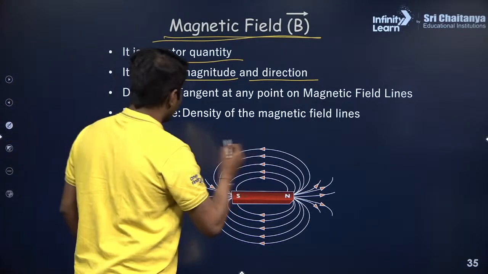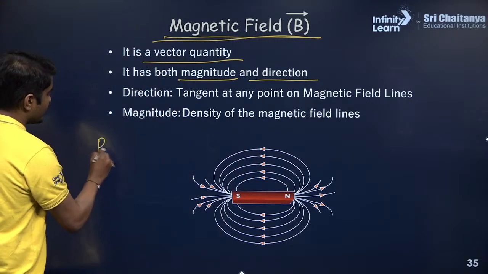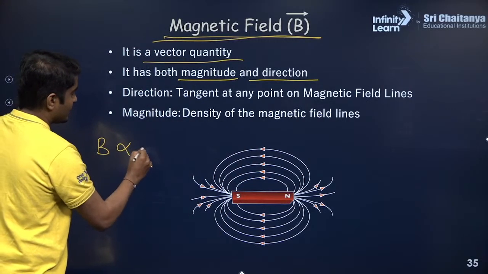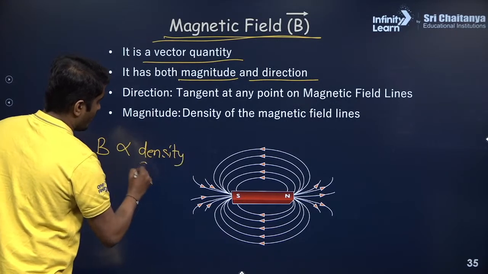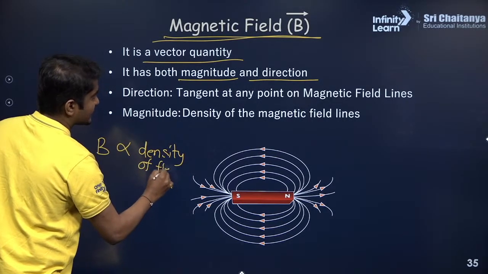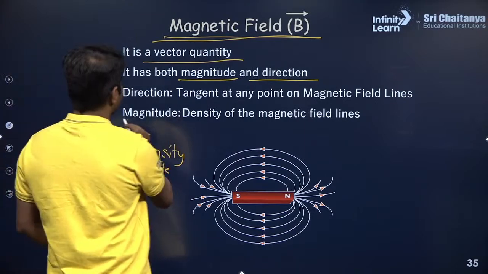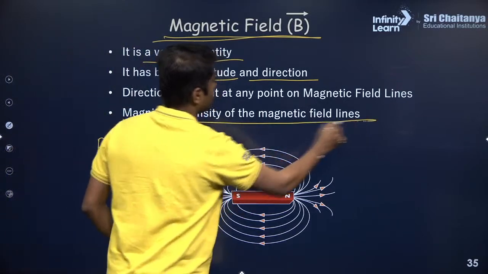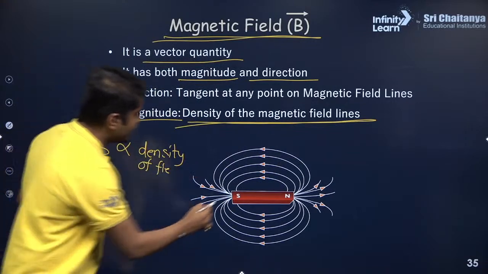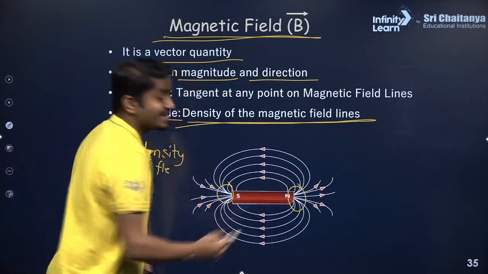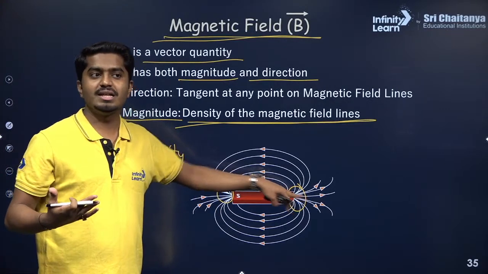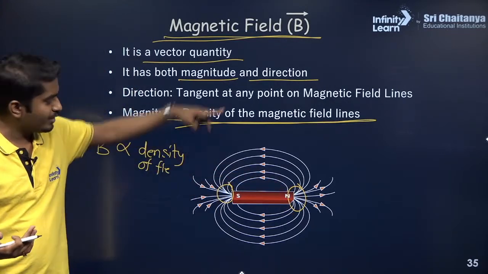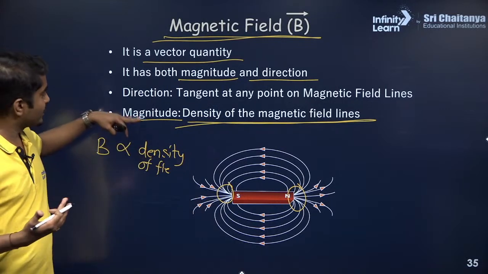Magnetic field strength is proportional to the density of field lines. Magnitude is the density of the field lines. So near the poles density is greater, so magnetic field is stronger near the poles. Away from the poles it is weaker. So that is the magnitude.